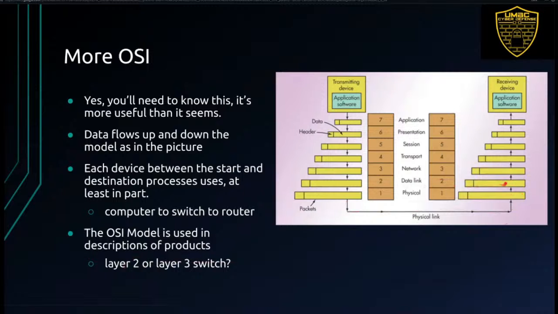And so it goes from the data link layer and figures out where the next MAC address is, and then goes out. And then it goes to the router, and it just goes from hop to hop to hop until it finally gets to the destination, where it goes all the way up the layers. So this model happens at every step, both in devices that you may not actually consider, like your Wi-Fi access point would be using this model as well.